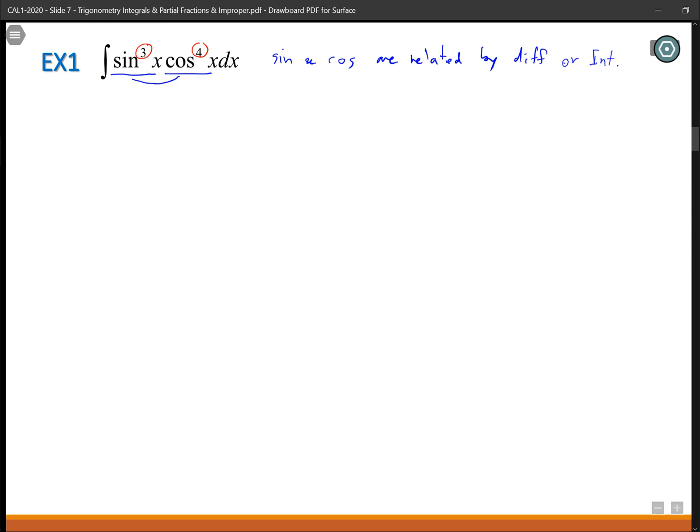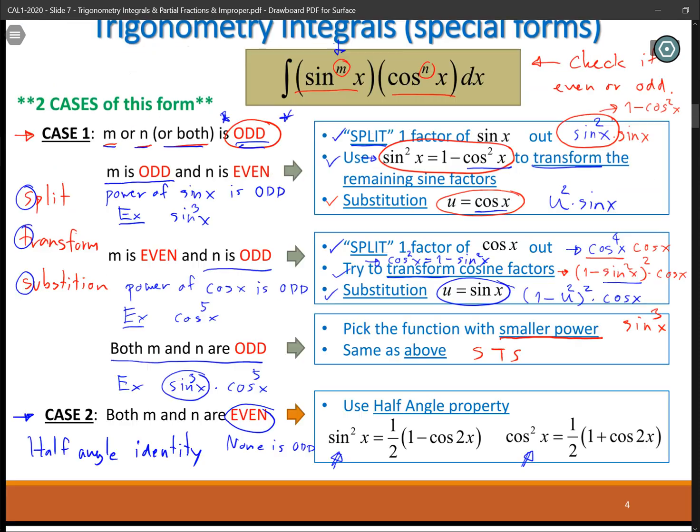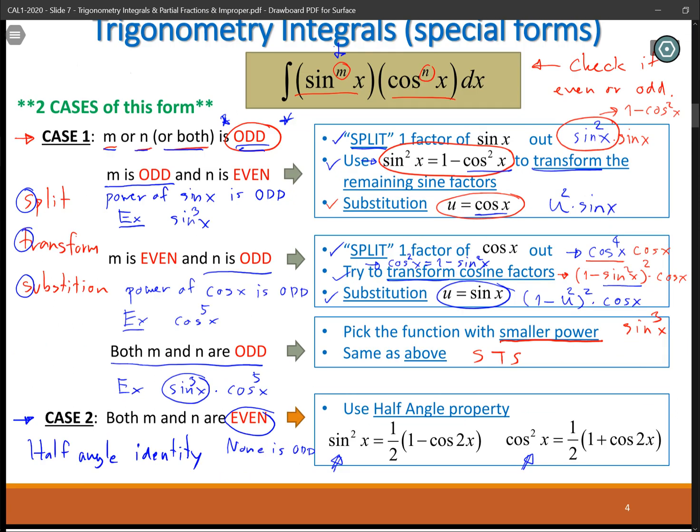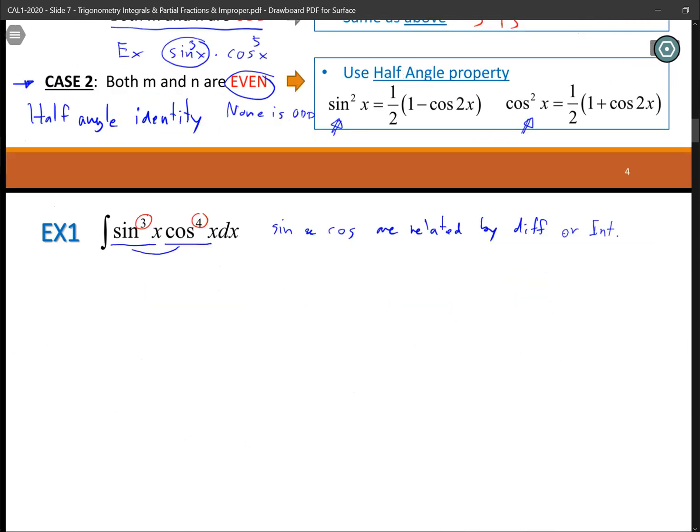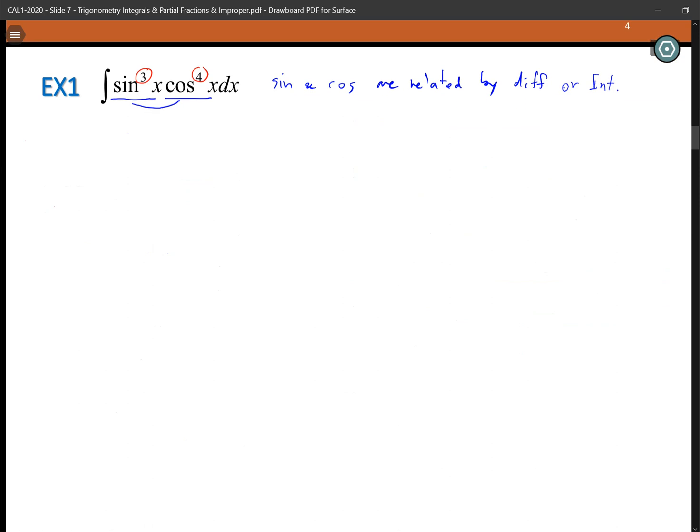And that's why we can use the strategy in this lecture. Now, back to this guideline. So many things to consider, right? Let's forget about that. Let's follow this solution method.